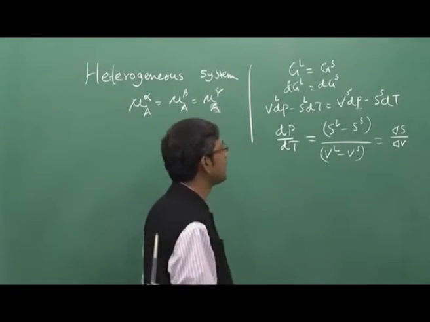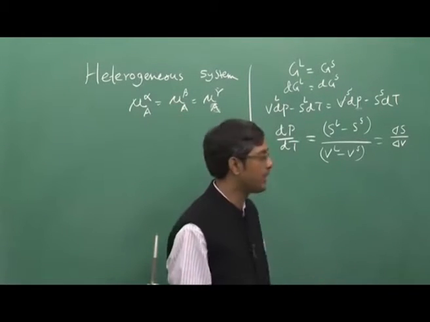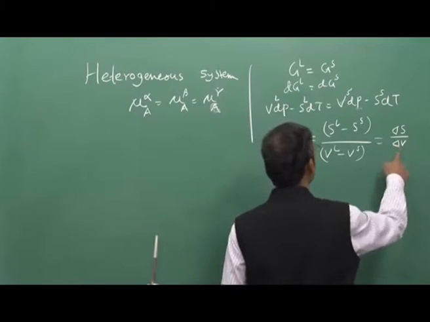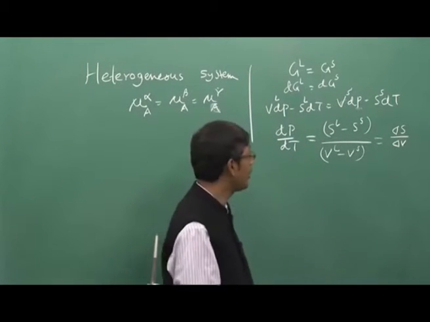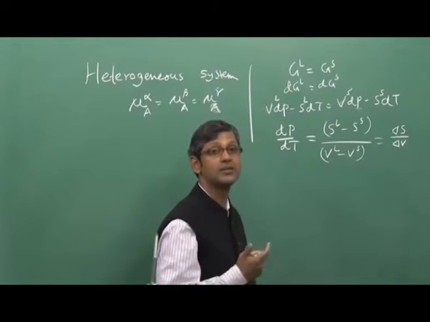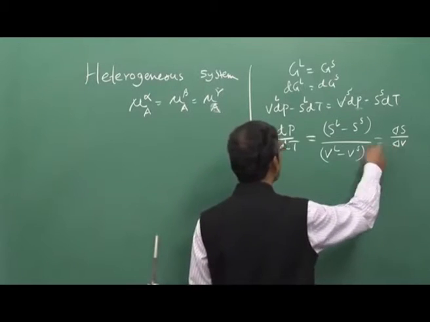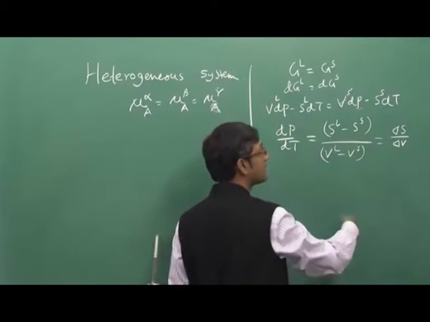So as you know, in a system like water, this volume change is negative because solid has a higher volume than the liquid; ice has lower density than liquid water. That is why the slope is negative, because delta S cannot be negative.